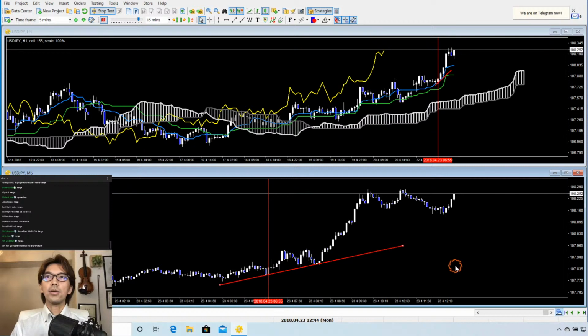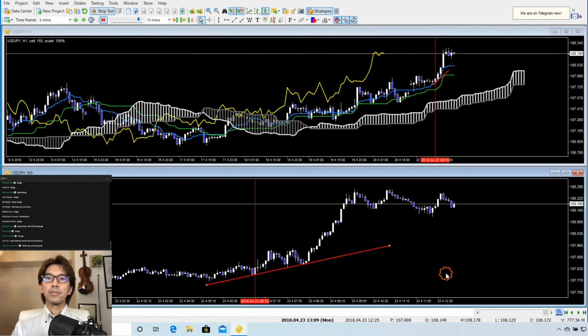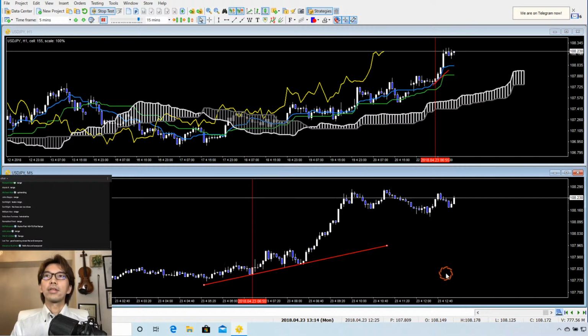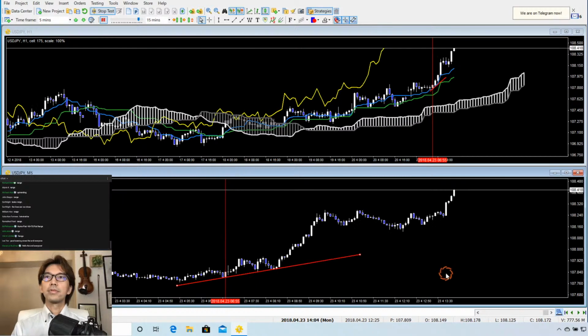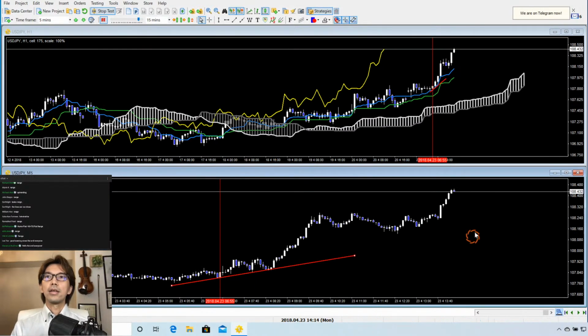Right, there is a little push here. Okay, so there is another push here too. So actually we can draw another trend line.